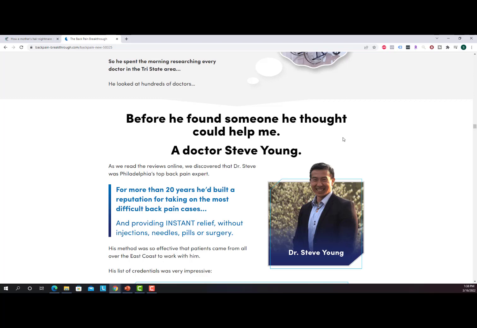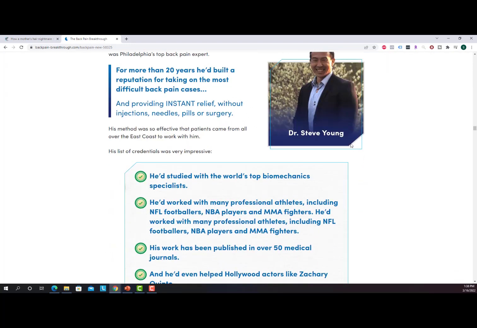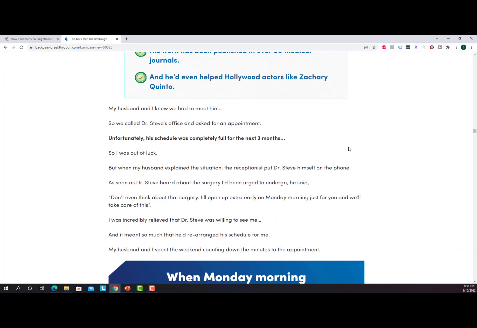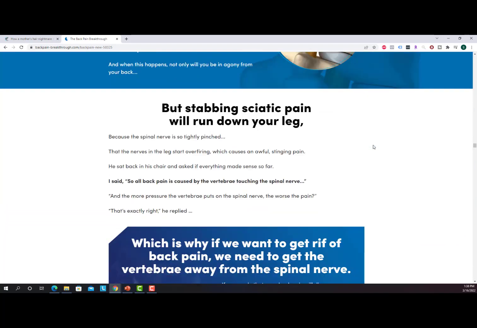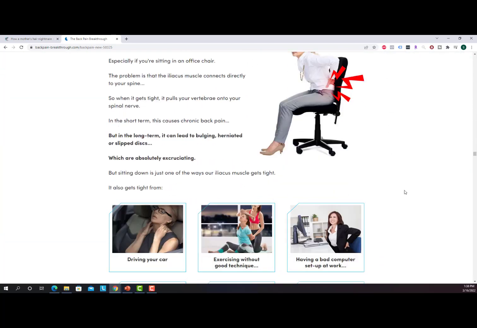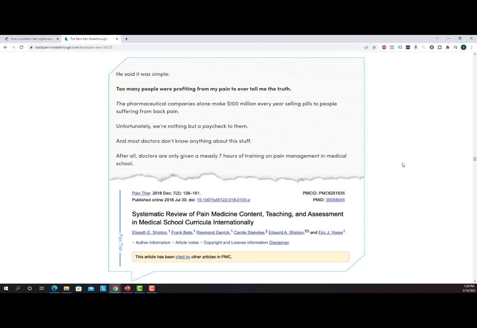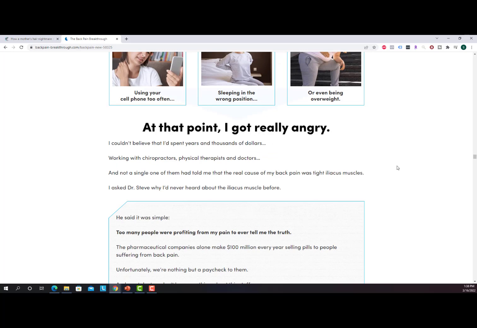So in this case, a doctor comes out of the blue, and he has all these credentials, and they finally meet, and he explains the unique mechanism behind the solution, and it changes the hero's life. So this is a very traditional direct response story lead, and it's something that you should consider when coming up with a structure for your leads.